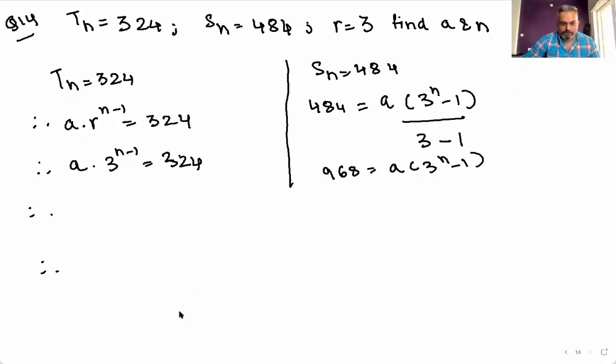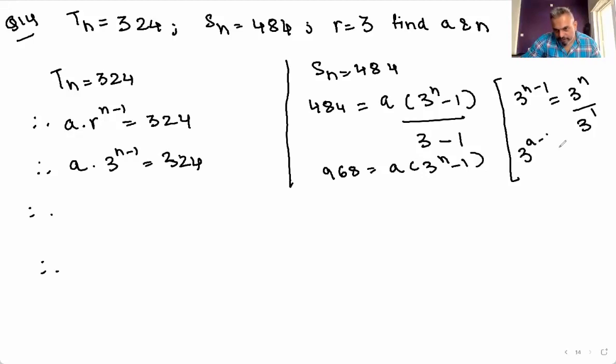The result is, pay attention please, 3 raised to n minus 1 is equal to 3 raised to n upon 3 raised to 1. You can say 3 raised to a minus b is equal to 3 raised to a upon 3 raised to b.